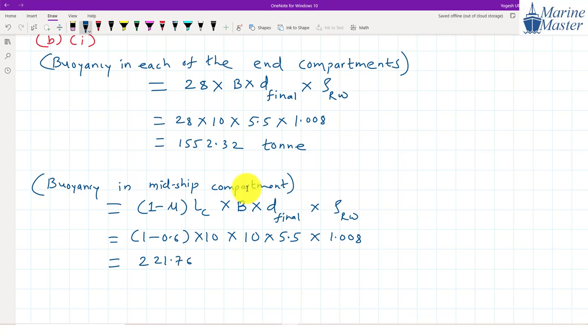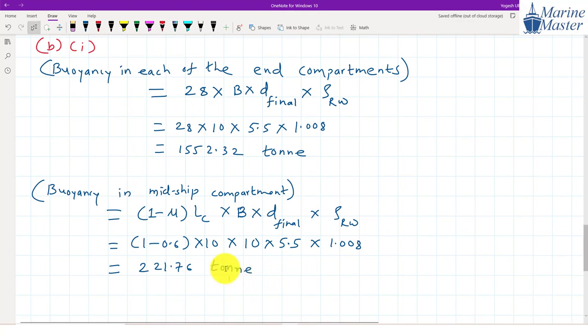What will be the unit, guys? Ton. Okay. So before going further, please everyone add this discussion in your notes.